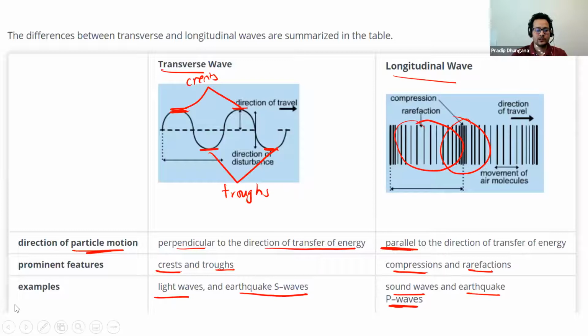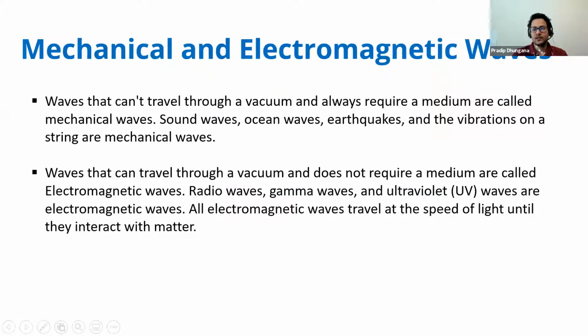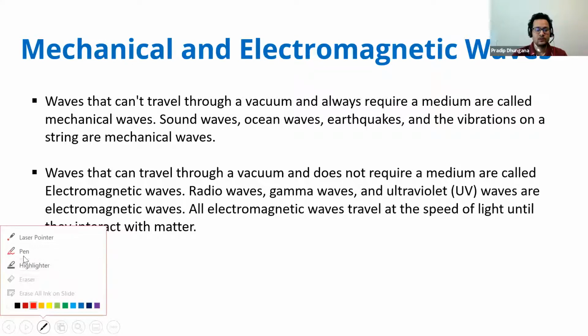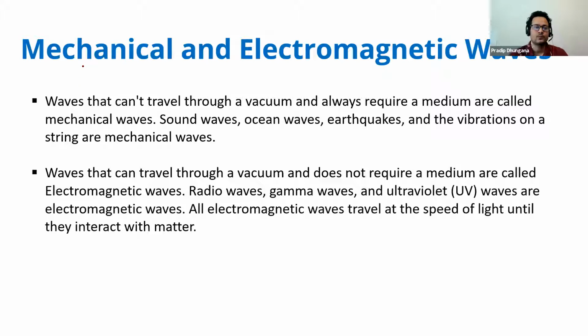Now let's go to the next slide. In this slide, we'll define the difference between mechanical and electromagnetic waves. Let me briefly describe in key terms how we can define them.